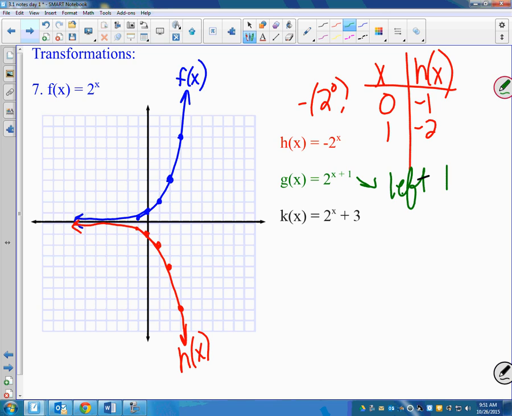If you know that it's left 1 unit and you know what the graph looks like, you can just move it over. If you don't know and you need to make an XY chart, my advice to you is pick what makes that exponent go to 0, pick one above it and pick one below it, and you'll always get a decent graph. What do I mean by that?